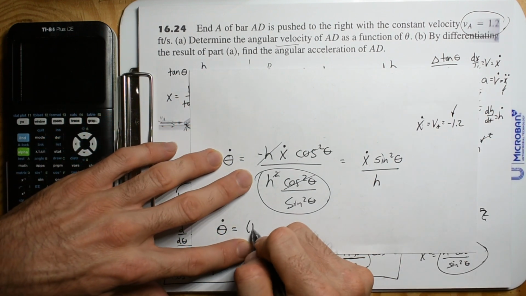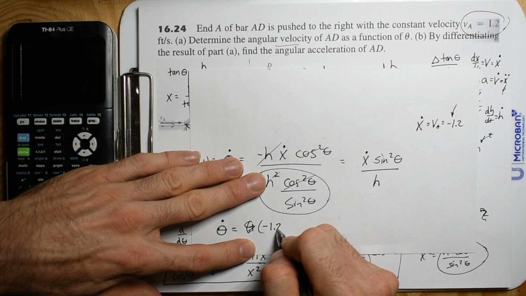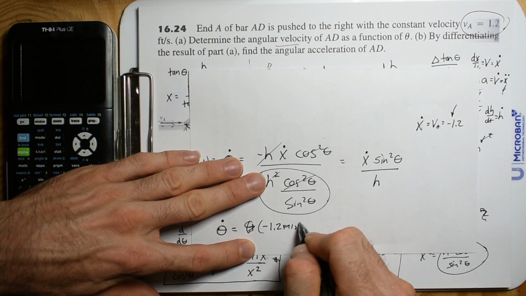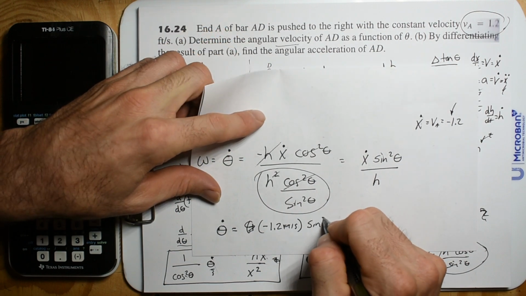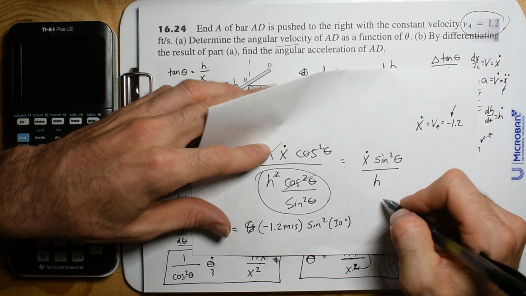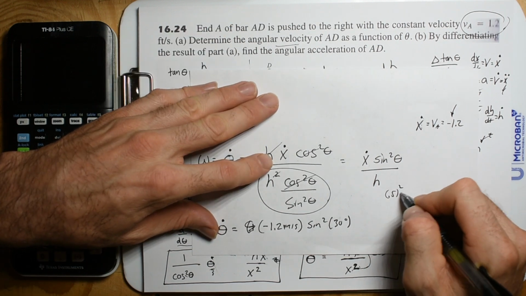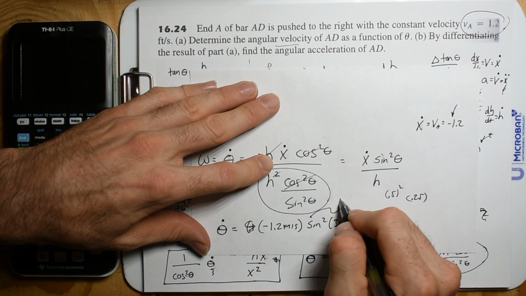So we're going to have negative 1.2 feet per second. We're going to have sine squared. We're just going to choose that angle of 30 degrees. So that's going to be 0.5 squared, which is 0.25.